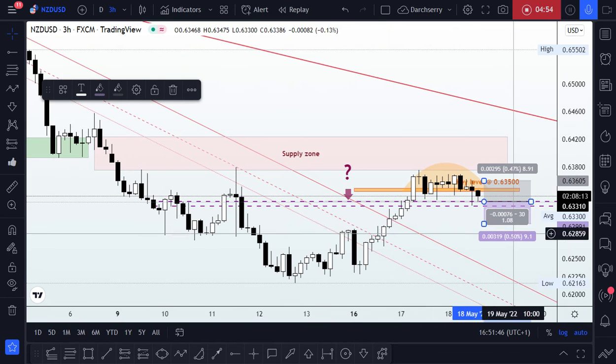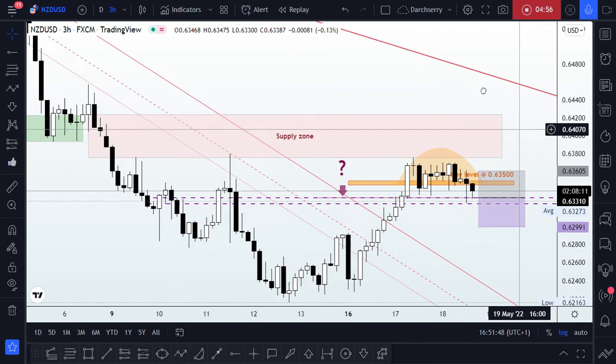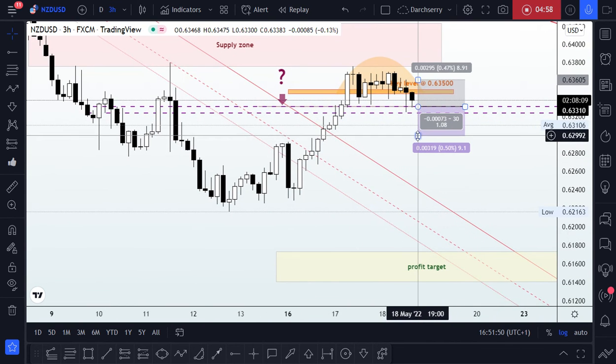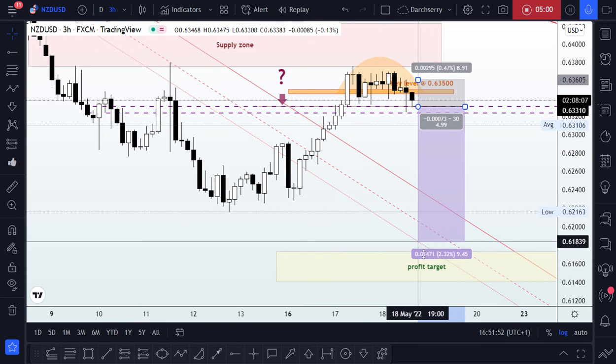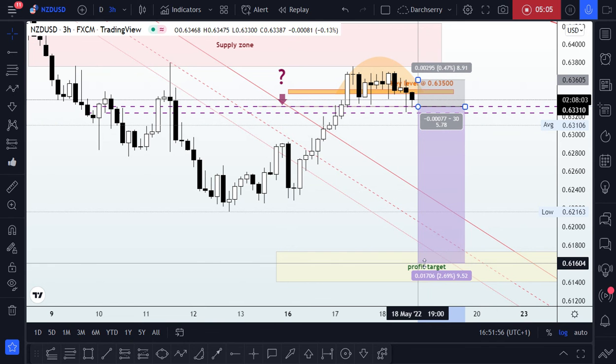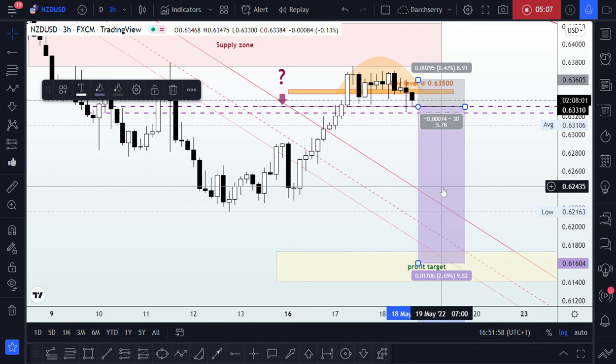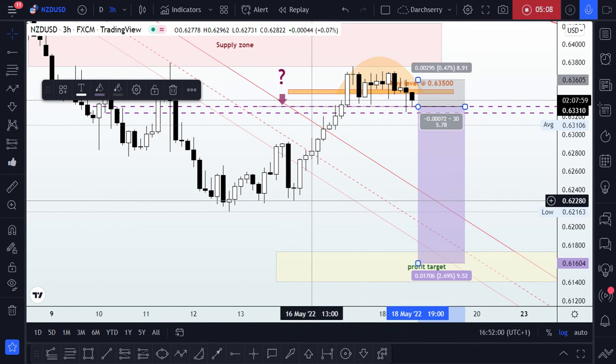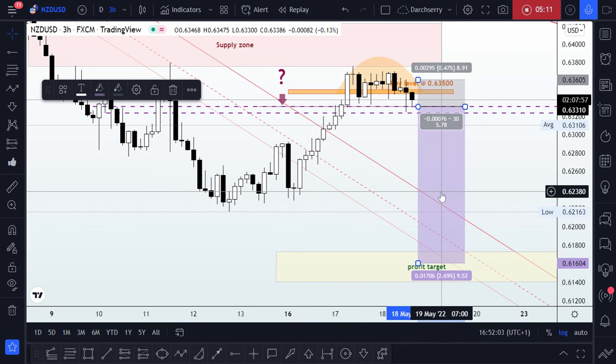We want to be looking at a take profit target at one of these ray of trend lines, or probably go into the profit target area we identified earlier in the week, which falls at around 0.61600, which is approximately 170 pips at this point.